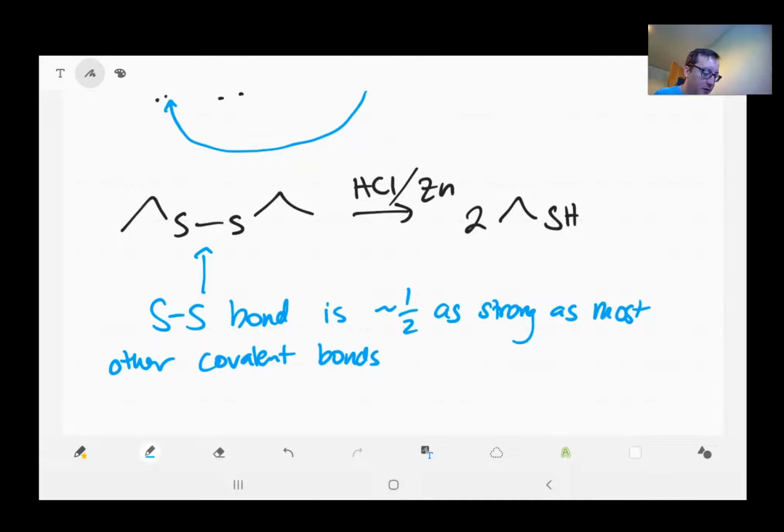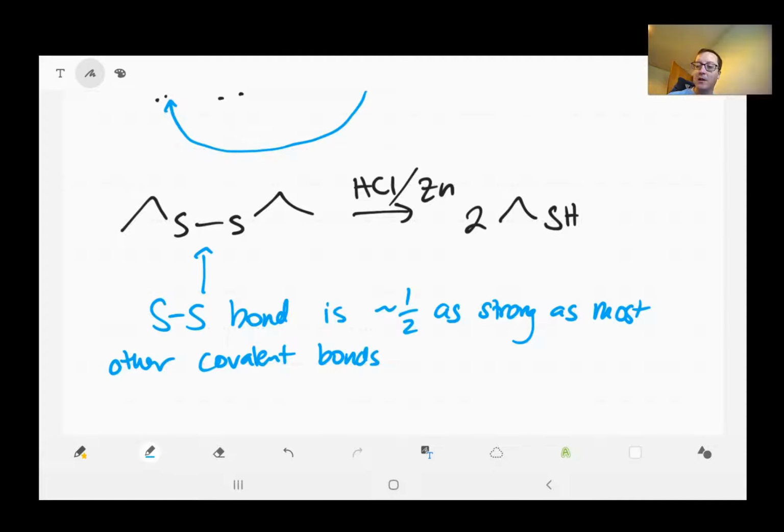This is also super useful, although it's not as common nowadays. If you were to go to the hair salon in the 70s and get what's called a permanent, you either take your hair, if you have straight hair, and make it curly, or if you have curly hair, make it straight, by taking advantage of this relatively weak disulfide bond.